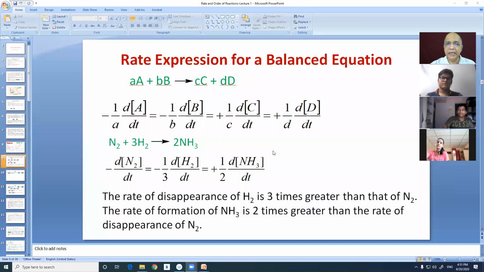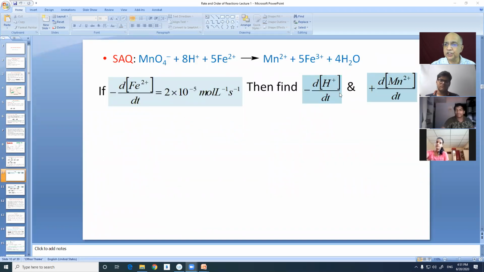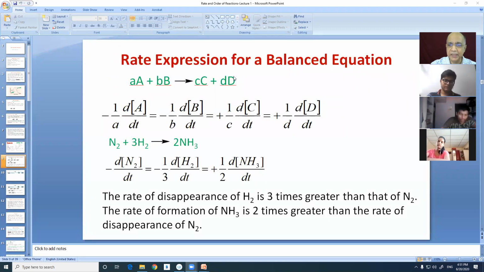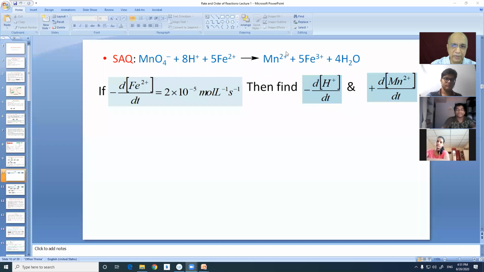Now, I'm giving you this question to answer. This is a reaction of permanganate, 8H plus, 5 ferrous, giving you Mn2 plus, 5 Fe3 plus, 4 water. This is a balanced equation.